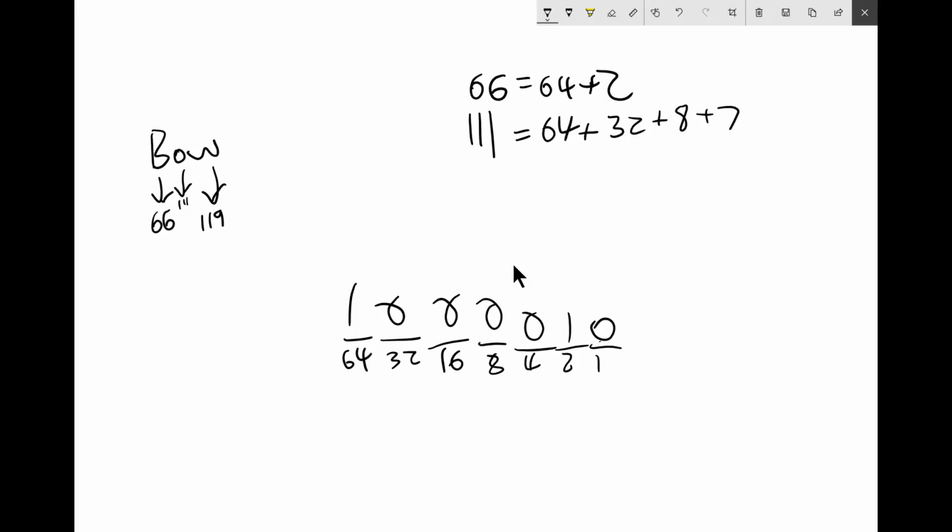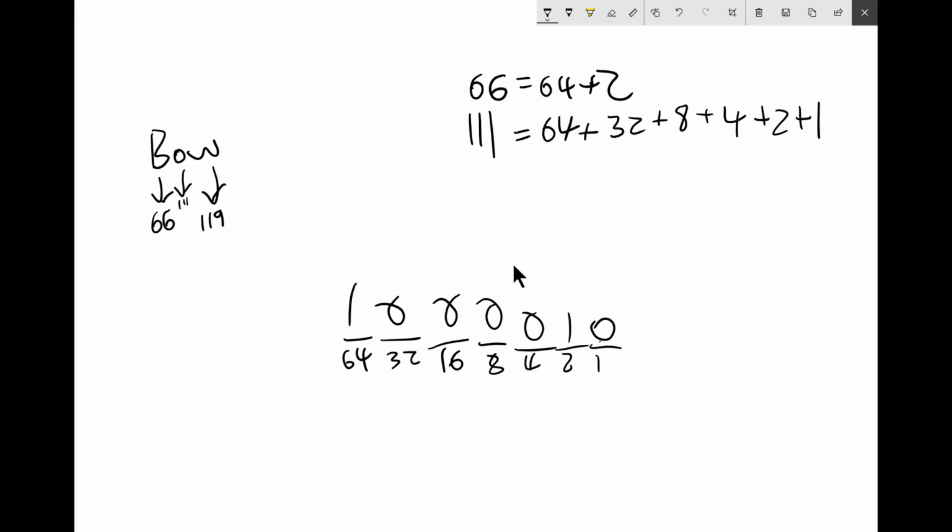And 7 doesn't work again, so we do 8 plus 4 plus 3, which doesn't work, so we do plus 2 plus 1. That's actually the same as 31 from earlier, but we add the 64. So now we have 64 plus 32 plus 8 plus 4 plus 2 plus 1. But we don't have a 16 this time, which you may have noticed.